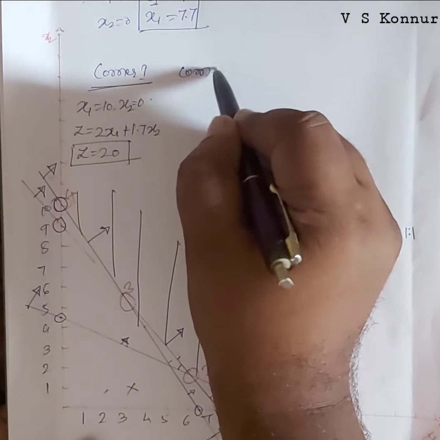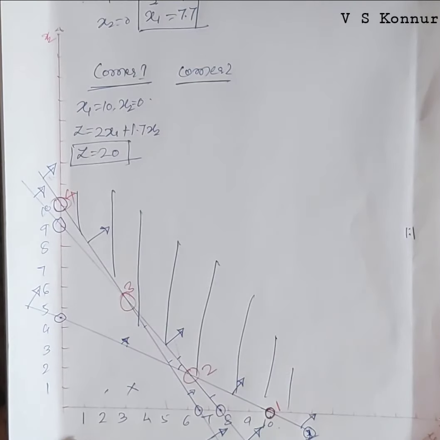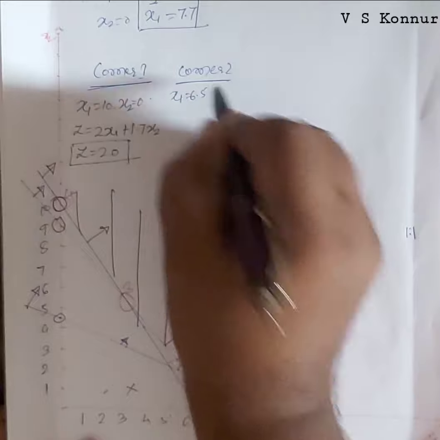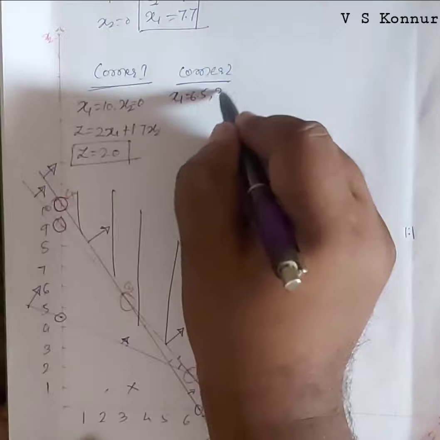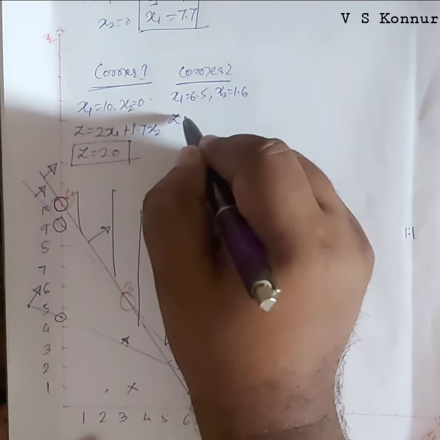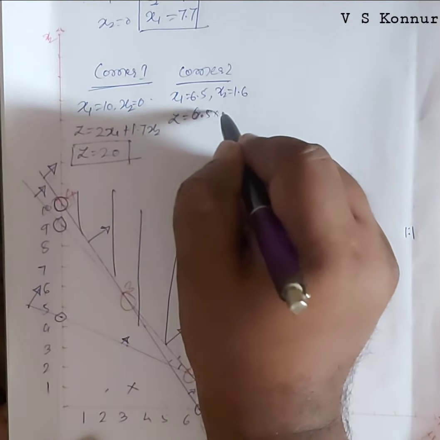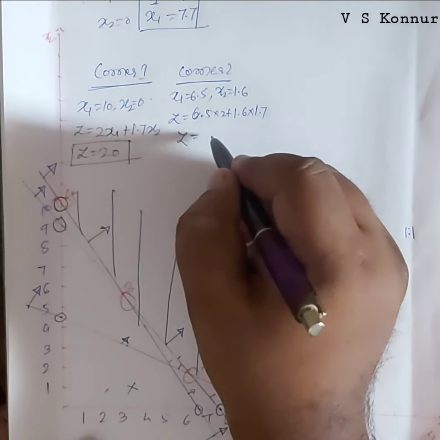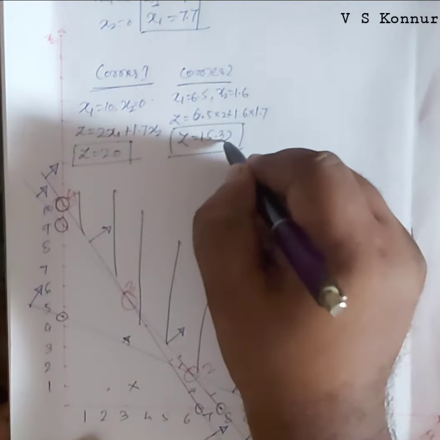Corner 2. This is corner 2. So we'll get the value nearly x1 equal to 6.3 and x2 equal to 1.6. Put the value in z. x1 is 6.5 into 2 plus 1.6 into 1.7. We will get z is equal to 15.32.